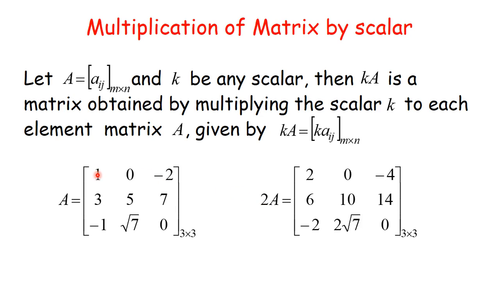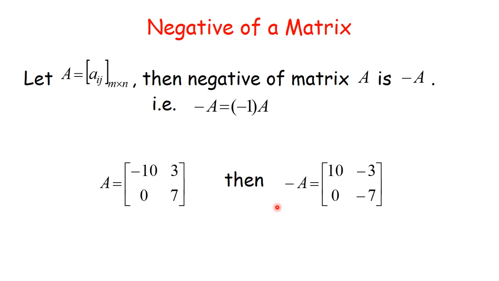So if I multiply 2 to 1, I will get 2. If I multiply 2 to 0, I will get 0. If I multiply 2 to minus 2, then minus 4, and so on. So the 2A matrix is obtained by multiplying the scalar 2 to each element of the matrix A.